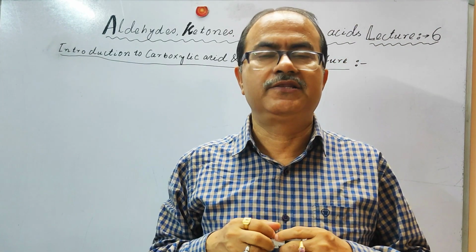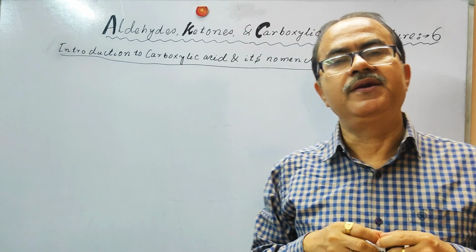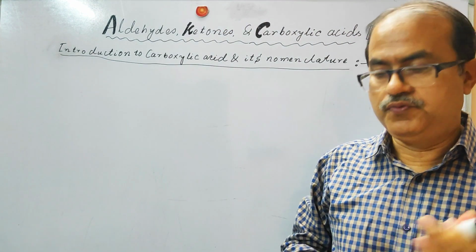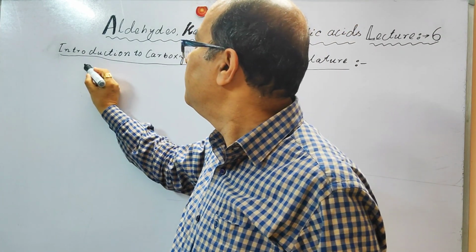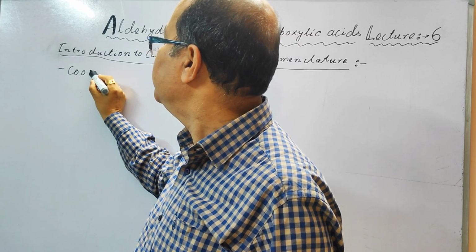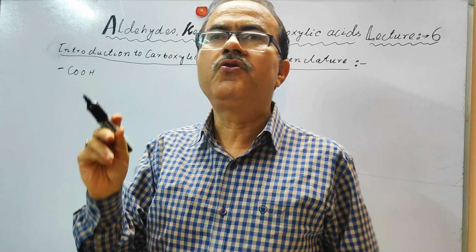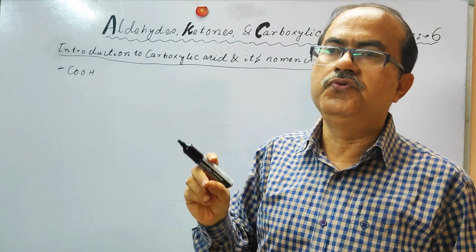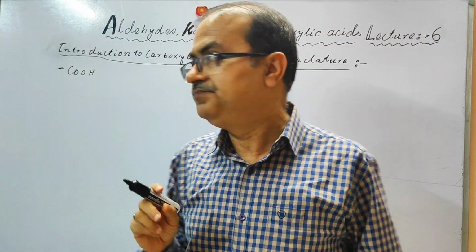What is carboxylic acid? Let us first understand. A carbon compound which is having a carboxyl group. The carboxyl group is represented by COOH. This is the carboxyl group. And a carbon compound which is having this group, we will call a carboxylic acid.